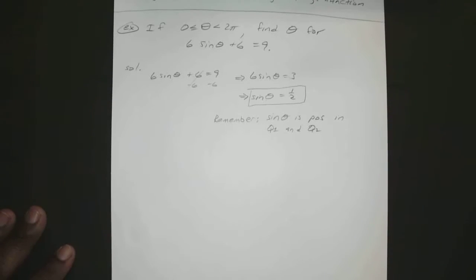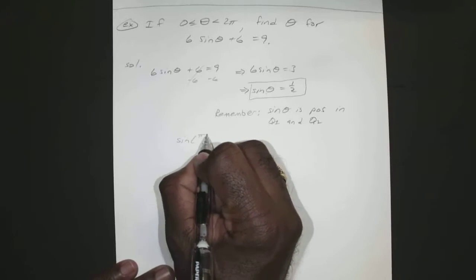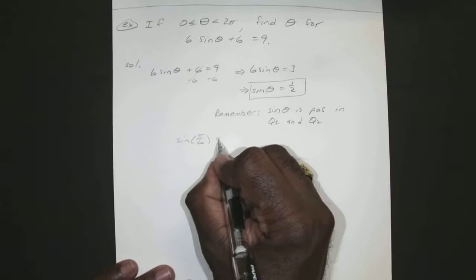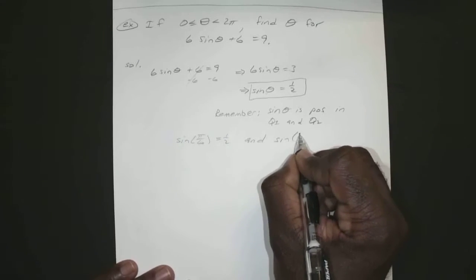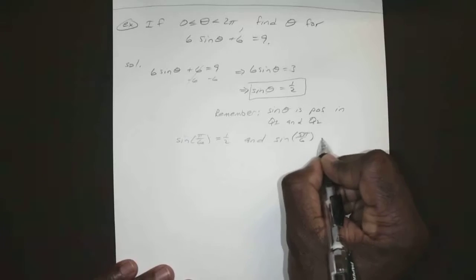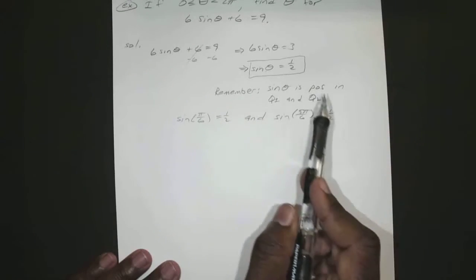But because it came out to be a positive 1/2, we just have to find those values where it's true there. Sine of pi over 6 equals 1/2, and sine of 5 pi over 6 equals 1/2. So this is true for theta equals pi over 6 and 5 pi over 6.